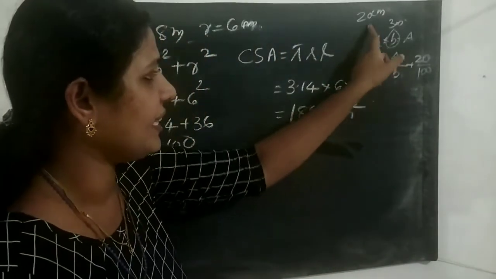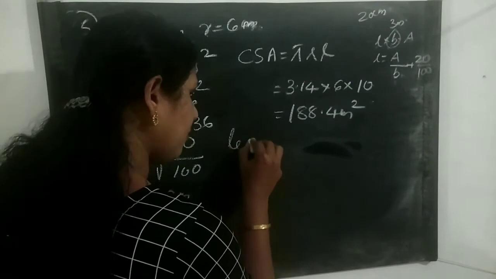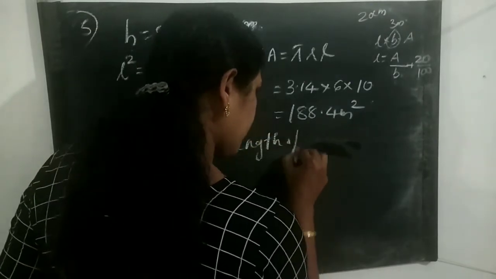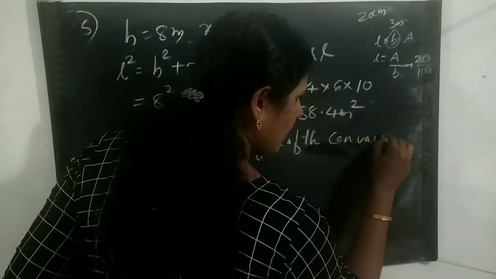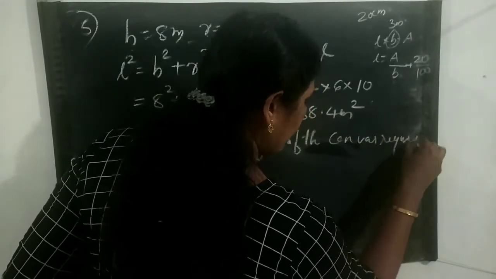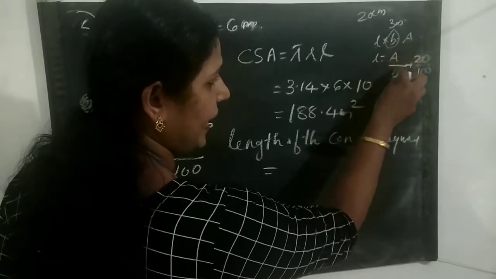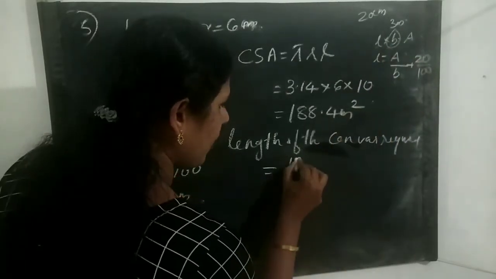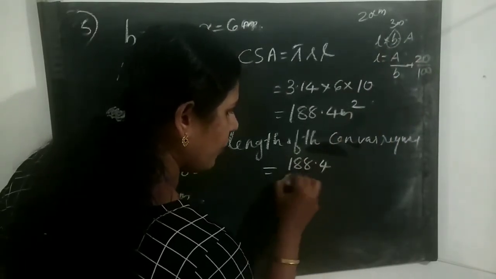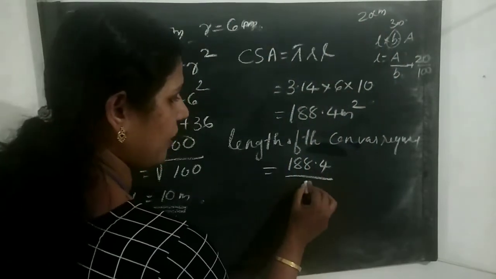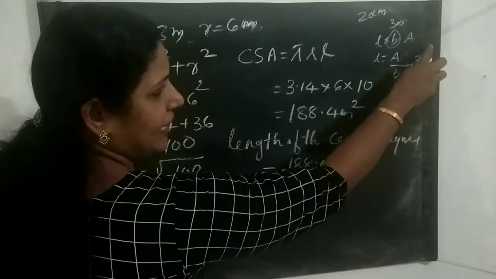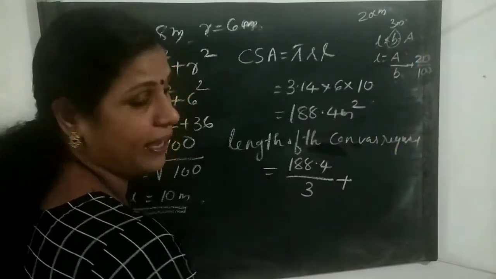We need the length of the canvas required. Length of the canvas required equal to area by width, that is 188.4 divided by the width, which is 3 meter, plus the 20 centimeter wastage.